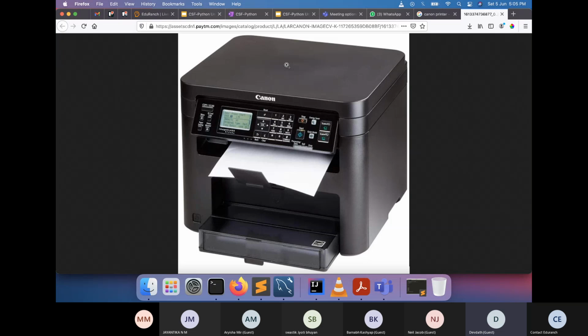It's an input device, because when you keep a physical document, it reads it, takes the input from the paper, scans it, sends it to the processor, and then it sends it back to your computer, to an output device, right? Clear? Any confusions with this?